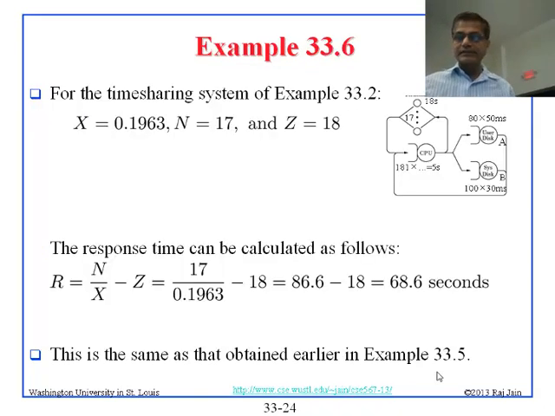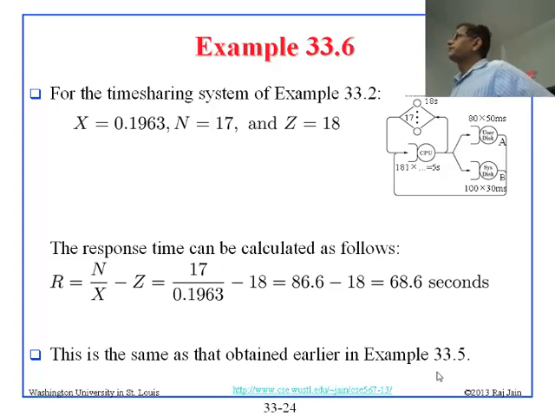So an example is this system that we have been doing for a long time. Here the Z is 18 seconds. There are 17 terminals, and each of them takes 18 seconds.